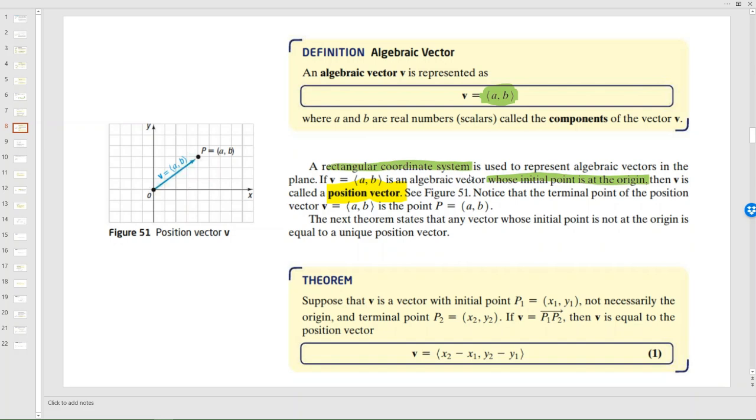Okay, so if we draw our vector and start at the origin of a rectangular coordinate system, we can identify everything we need about the vector just by putting what we would usually refer to as the coordinates with this little symbol there.